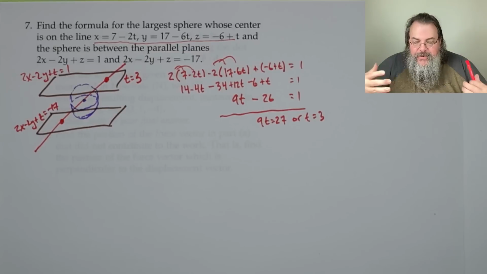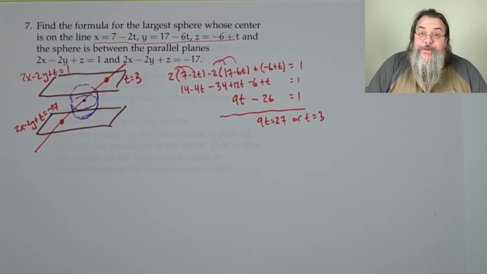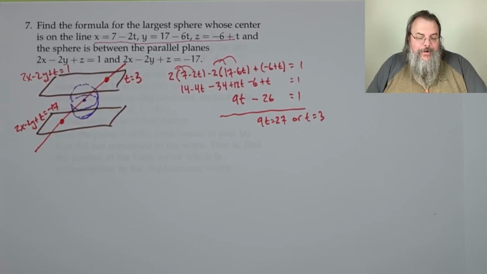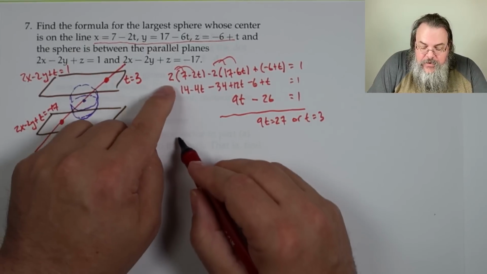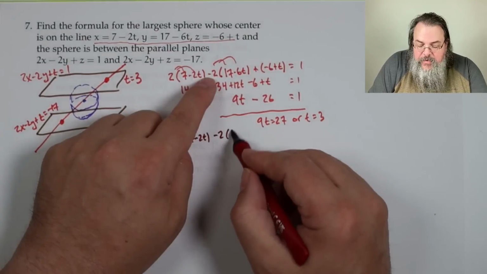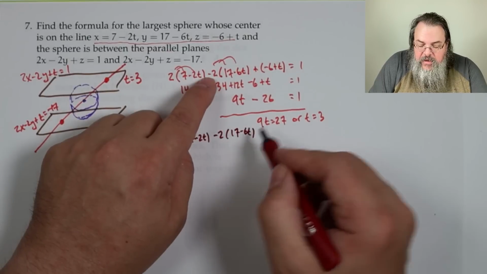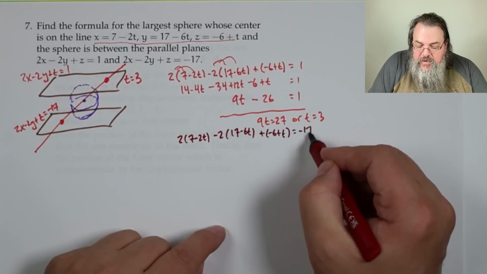What about plane 2? And you're like, oh my gosh, it's going to take forever. Well, actually, we can recycle, right? We're great at recycling. Because what's going to end up happening? Well, we'll get 2 times 7 minus 2t, minus 2 times 17 minus 6t, plus negative 6 plus t equals minus 17.